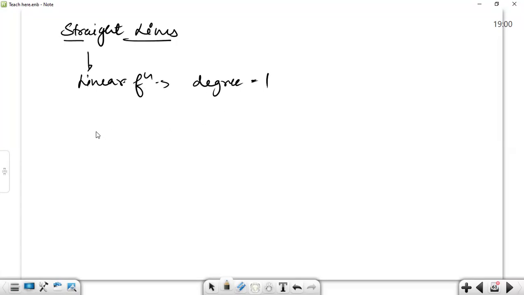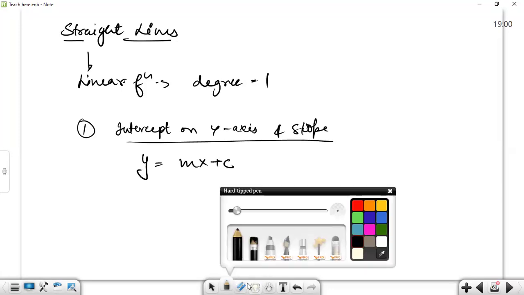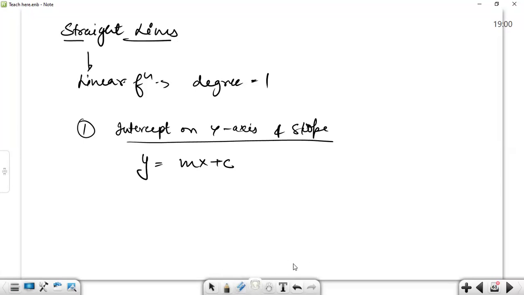The basic representation of the equation of a line: if you have an intercept on the y-axis and you have the slope, then you can write the equation of the line in this form: y equals mx plus c. Let me explain.